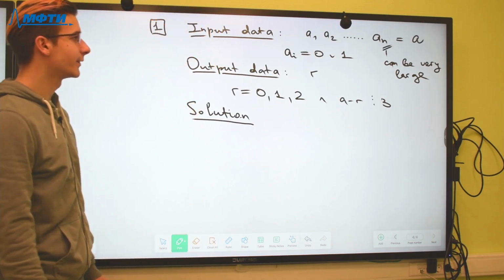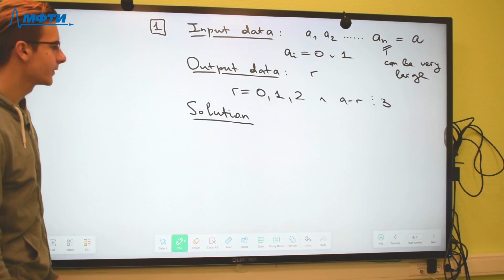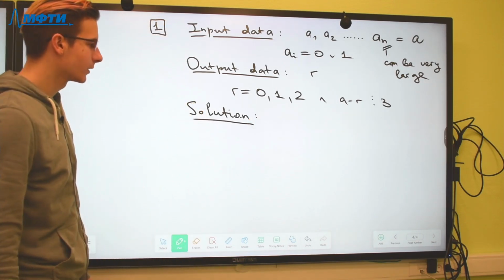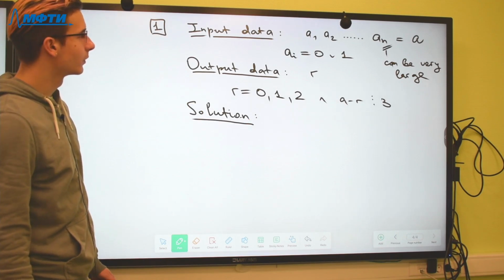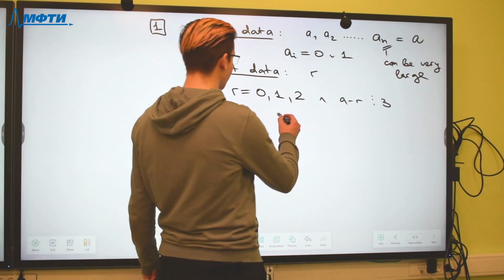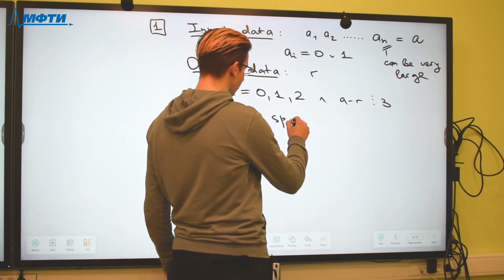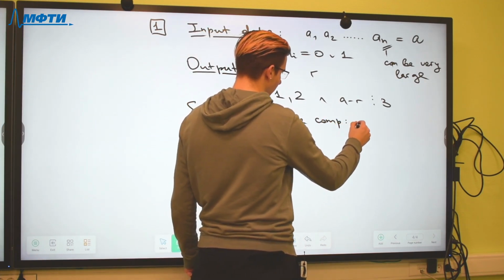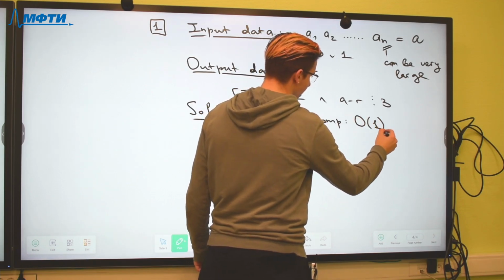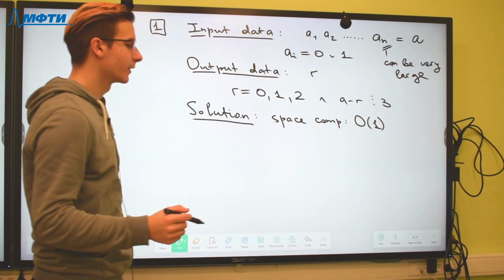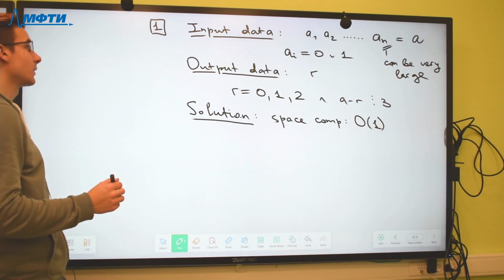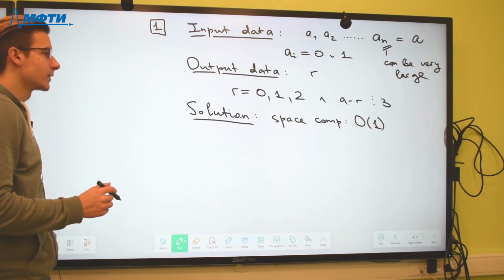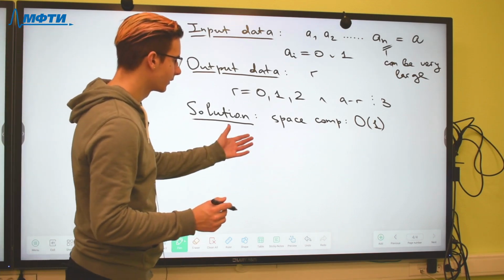So you try to find a way to solve it without using a lot of memory. We want to find an algorithm to solve it without a lot of memory.